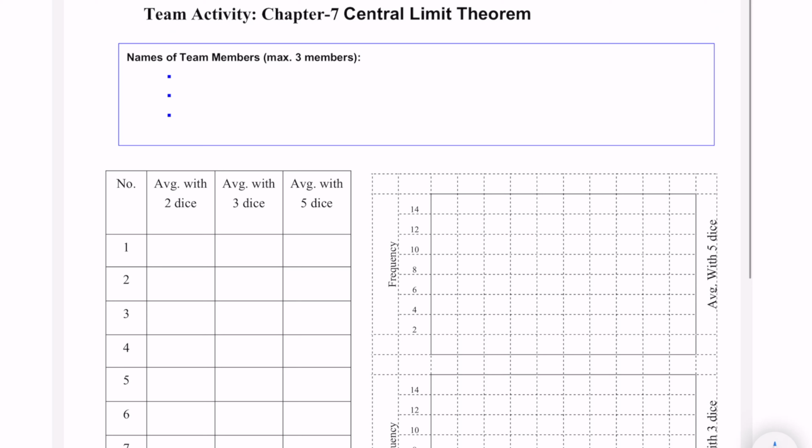There is some concentration here also, but as you correctly pointed out, spread is also more. So the key point, like why we did this exercise, is whatever you observe here, that variability coming down and then more concentration in the middle, taking shape as we move up. So that's what is called Central Limit Theorem.